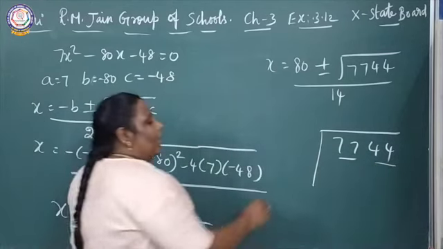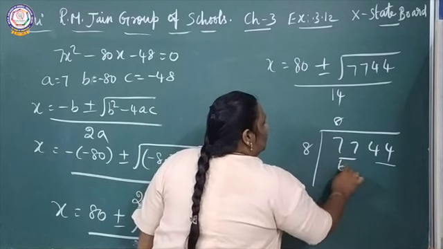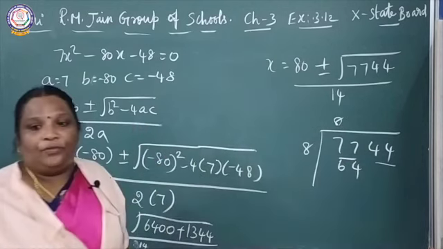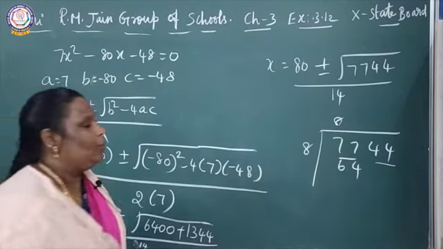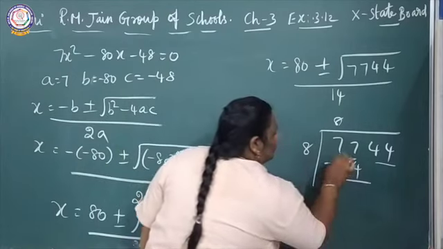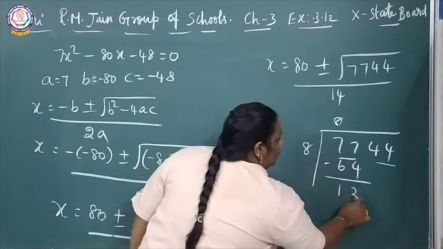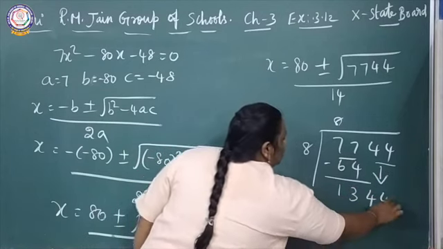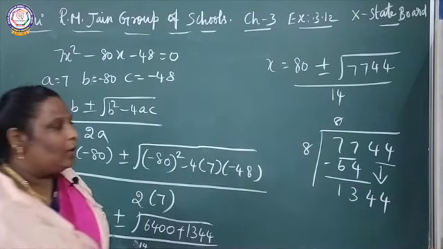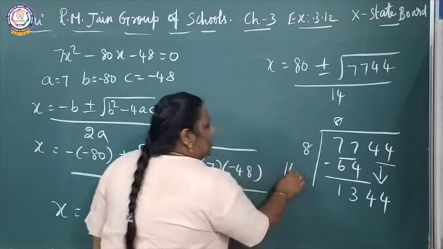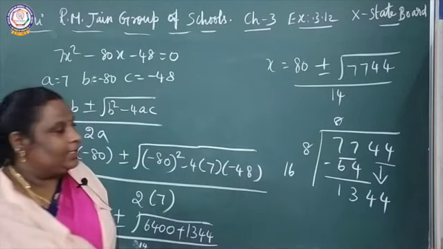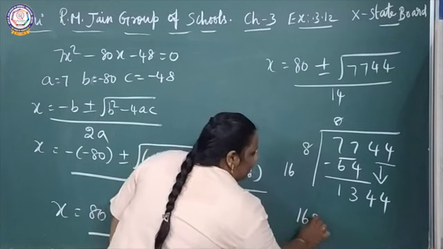See here, 8 8s are 64, because 9 9s are 81. 8 8s are 64, minus what is the value you are getting? 13. Then you bring 2 terms down. 8 2s are 16. So 16, 8 into 8.